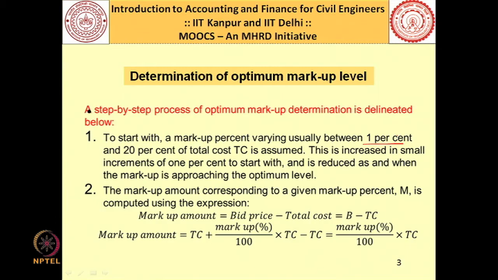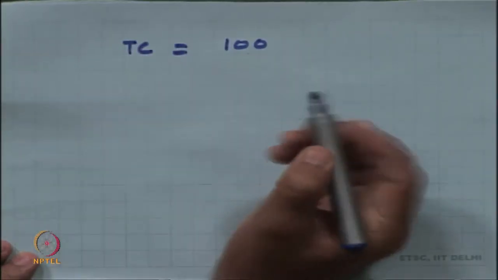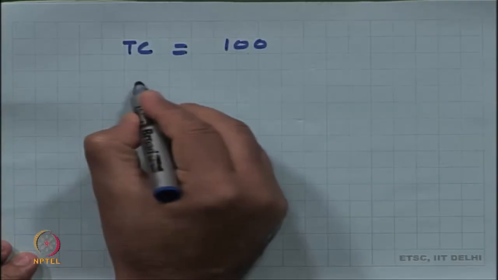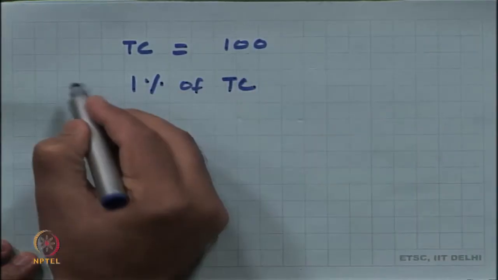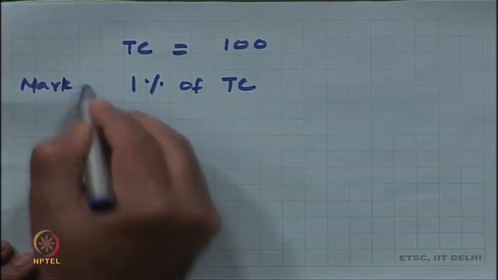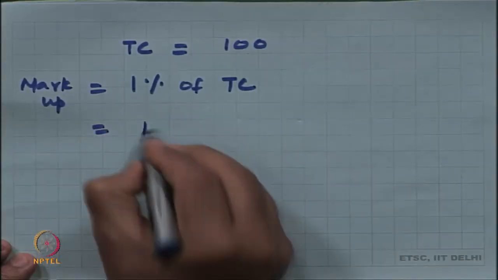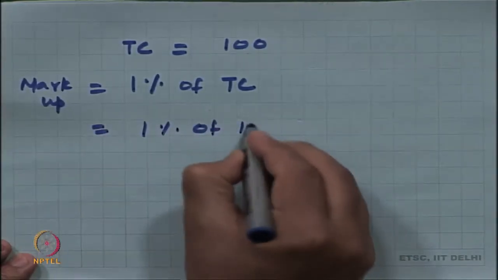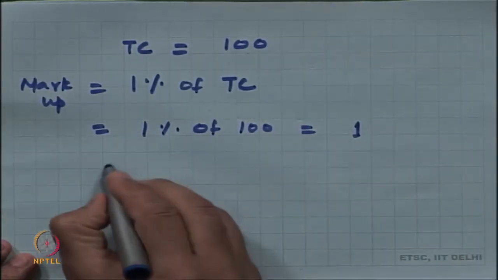How do I calculate the markup amount? It would be done like this. Say for example, your total cost is 100. You are saying, okay, I am applying 1% of total cost as markup. So, this is going to be 1% of 100, which is 1. So, what is your markup amount?